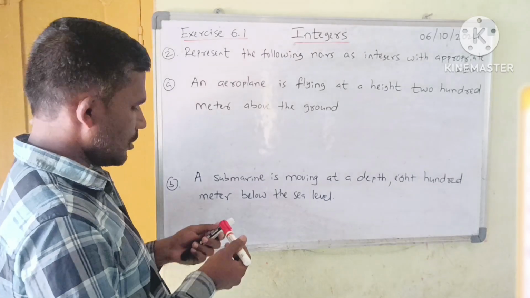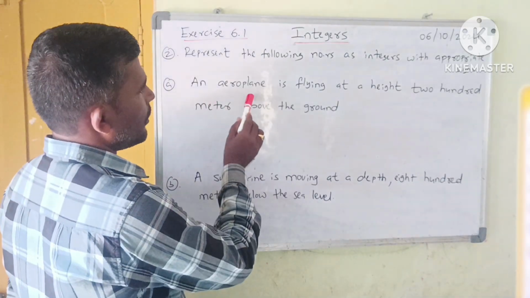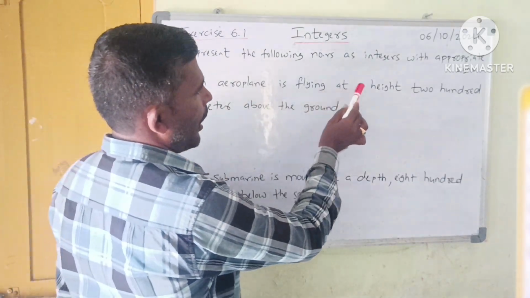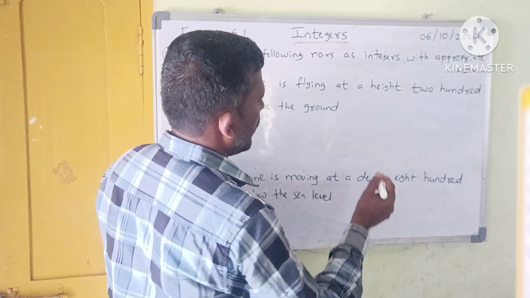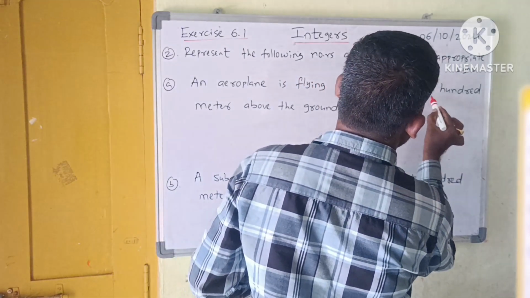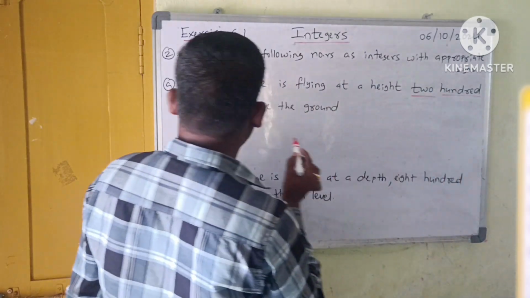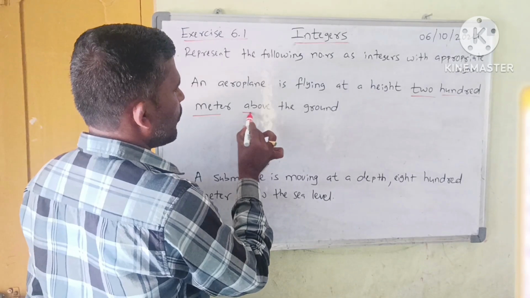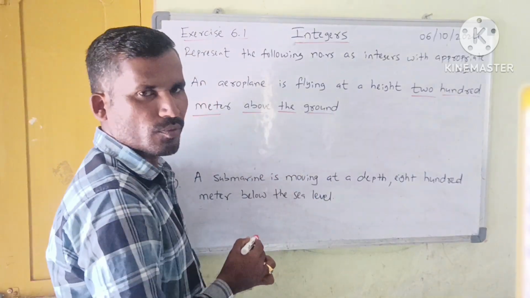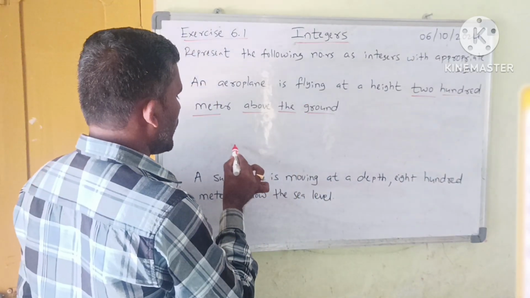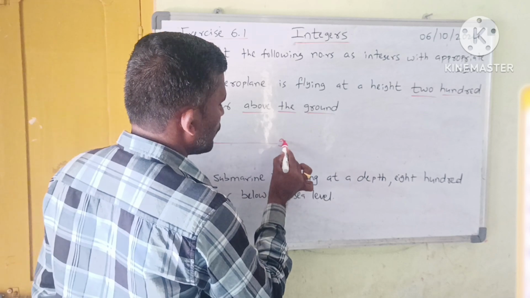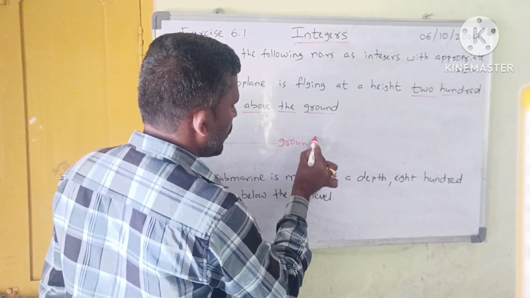The first one is: an aeroplane is flying at a height of 200 meter above the ground. For example, I am taking this as the ground level.